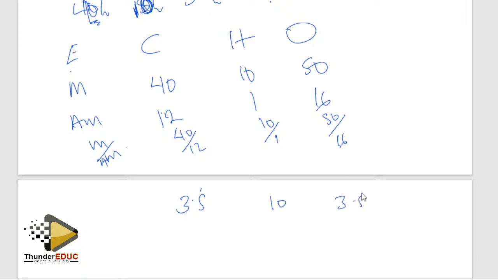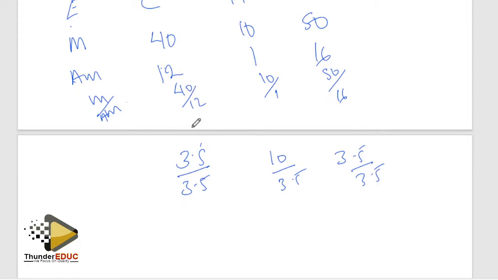I'm just giving rough values. Then you divide by the smallest, 3.5. Here you get 1, here maybe 2.7, 2.9 or 2.8, whatever, and here 1.